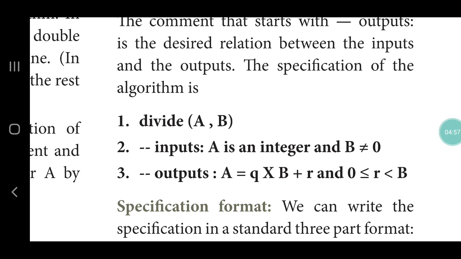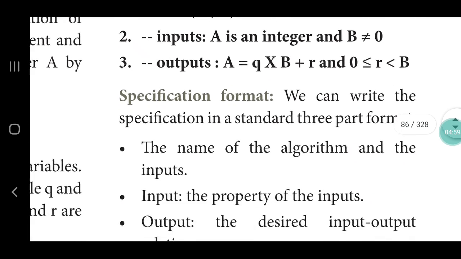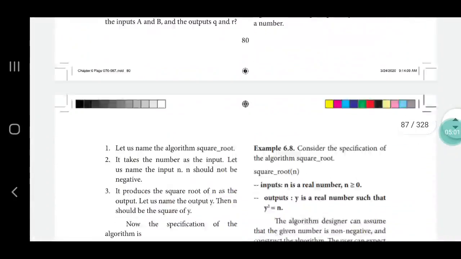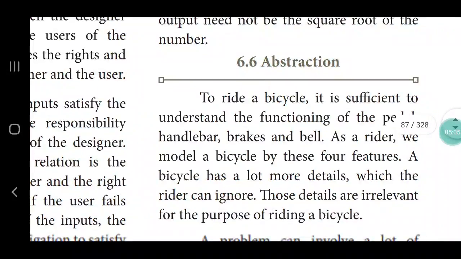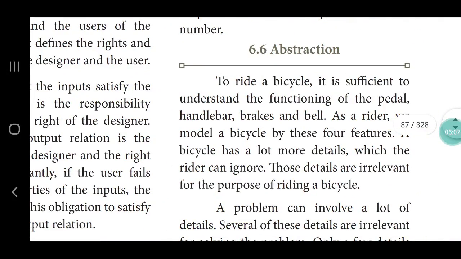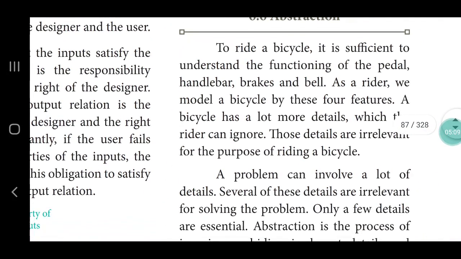Next is abstraction. Before entering into the definition of abstraction, we are going to discuss an example. To ride a bicycle, the user should know only the basic features of the bicycle.